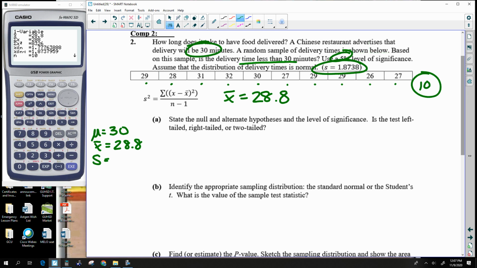My sample standard deviation is 1.8738. This was a sample size of 10 and an alpha of 5%.